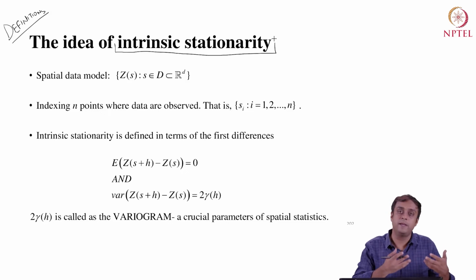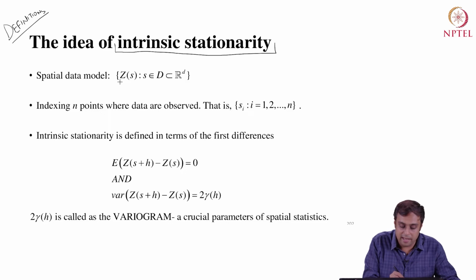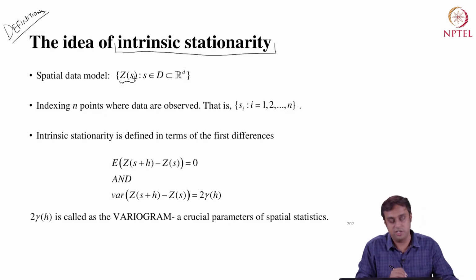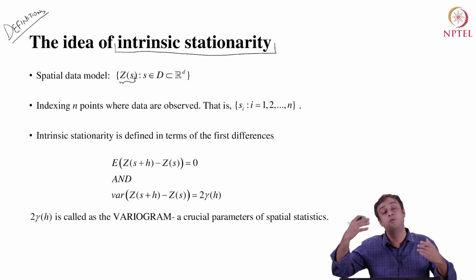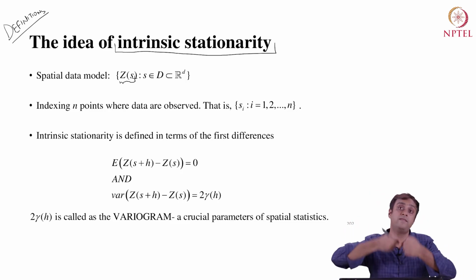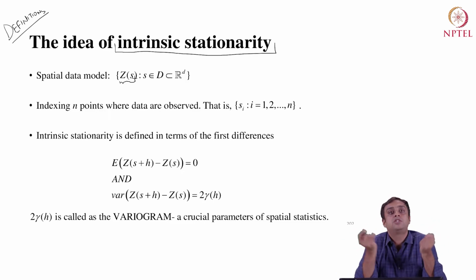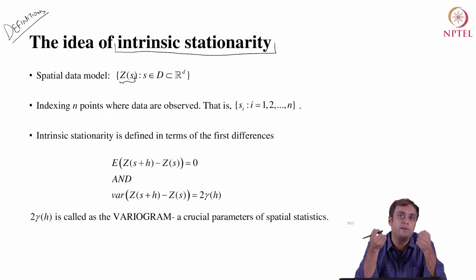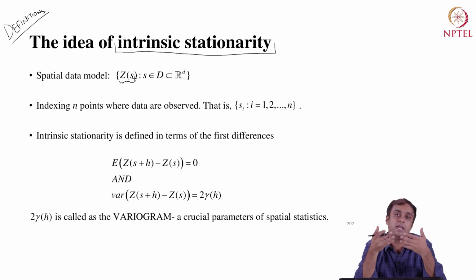So I start with the spatial data model, something that we have seen before. What we are looking at is a random variable z at location S, right. So at every location S there are different levels of z that we can expect to realize, and each potential realization of z at location S will happen with a given probability, right.